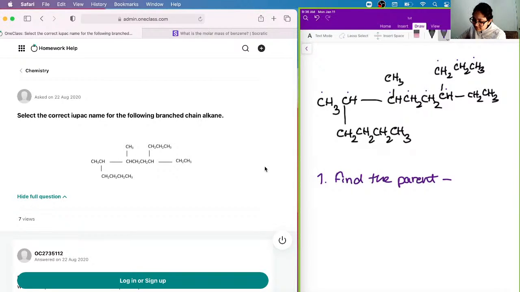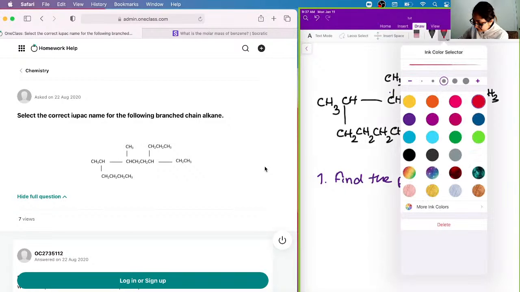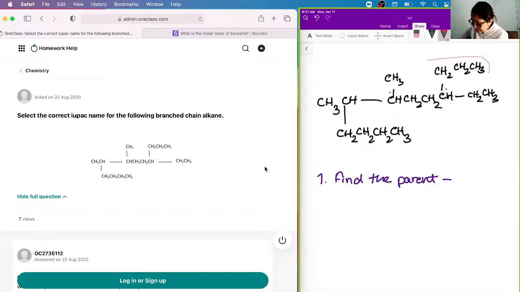So this could be our parent chain, because when we went across it was 8, and since 9 is bigger than 8, this whole chain going from top to the left side, except for that methyl group, is our parent chain.